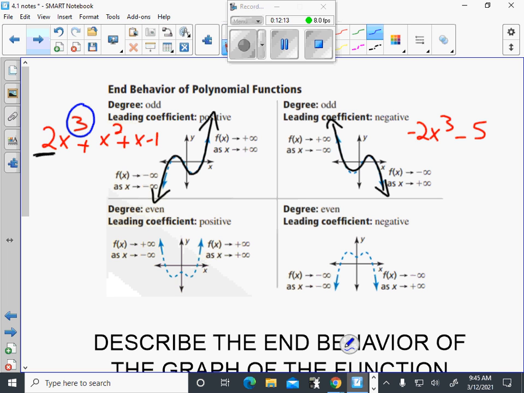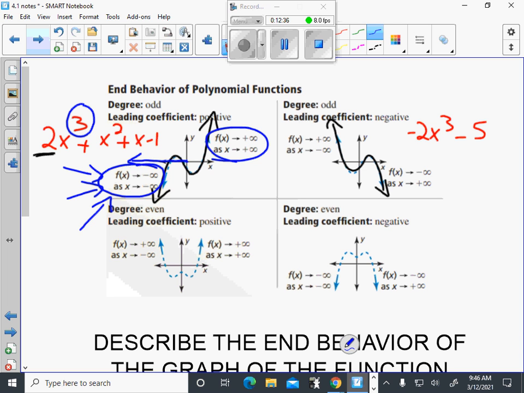What these are saying right here, what I'm circling. I'll start with this one. This is saying as x approaches negative infinity, so as x goes this way, where does f of x, or our line, go? It goes to negative infinity.